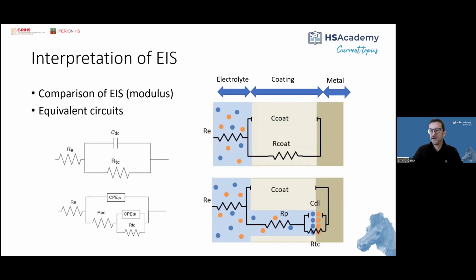To this, we can also add other elements related to diffusion impedance, or we can use other elements such as the constant phase element, which is represented in the bottom left.